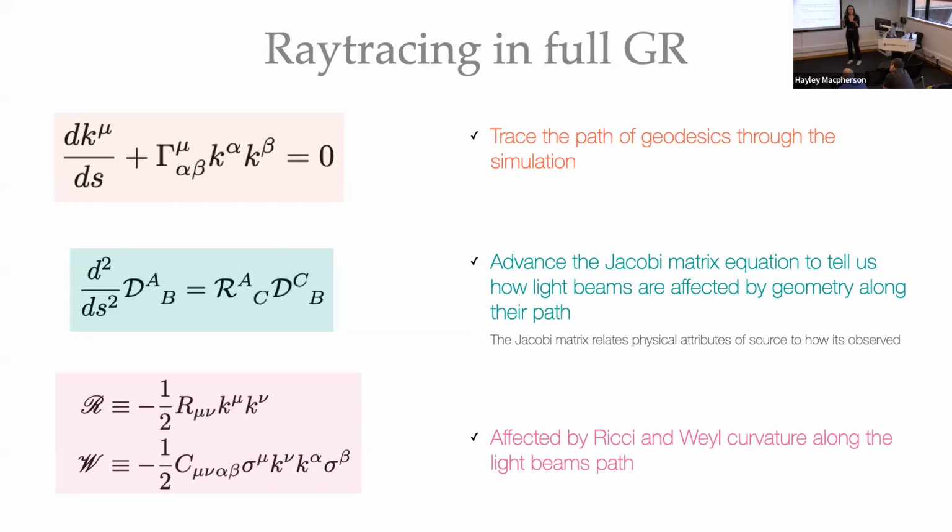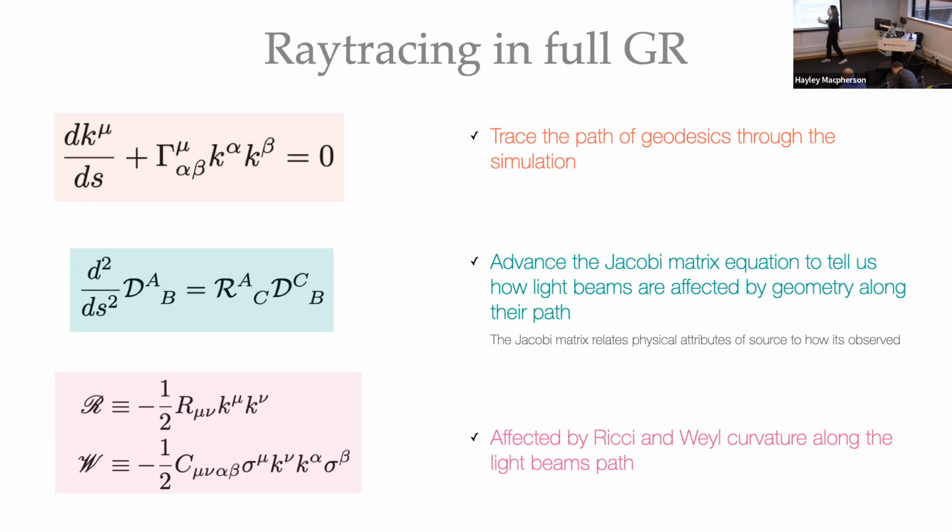Ray tracing is really just what it sounds like: tracing the path of light rays through a particular spacetime, for instance in our numerical relativity simulations. What this involves is solving the geodesic equation, which describes the evolution of the photon four-momentum k^μ. This gives us the energy of the photon as it traverses the spacetime along its geodesic.